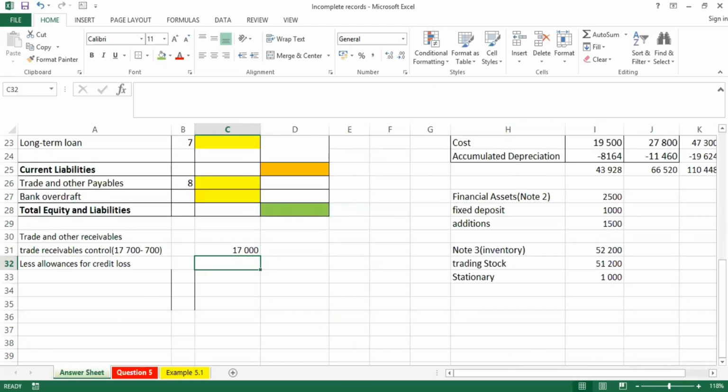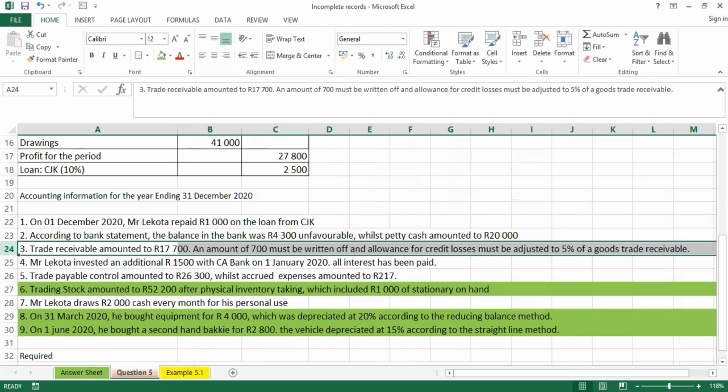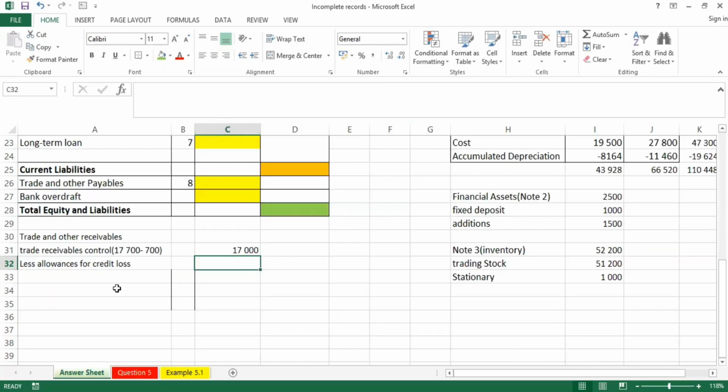Okay, moving on, the thing is that allowances for credit losses must be adjusted to 5% of good trade receivables. So we have to calculate our allowances for credit losses. How do we calculate that?